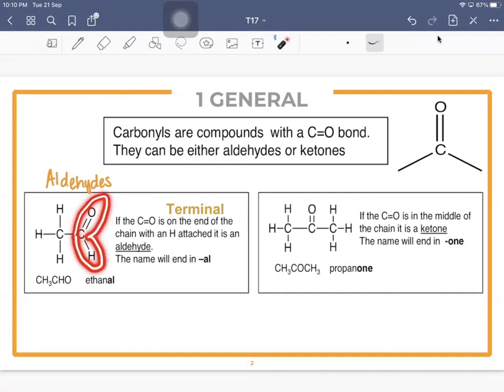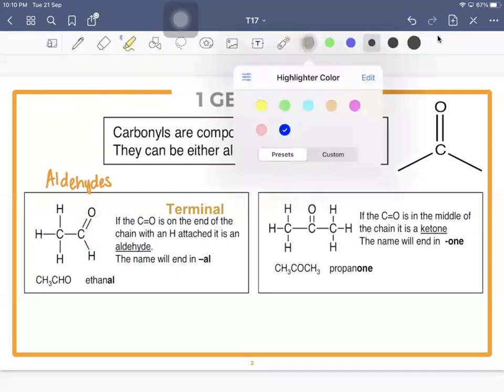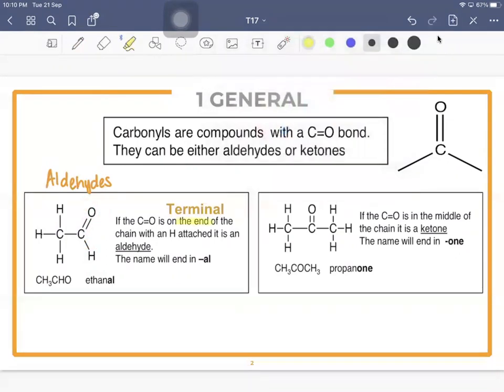Since the C double bond O must be attached to at least one hydrogen, that means your aldehyde will always have the carbonyl C double bond O at the end of the chain. We call this terminal, the end of the chain, or the start of the chain.